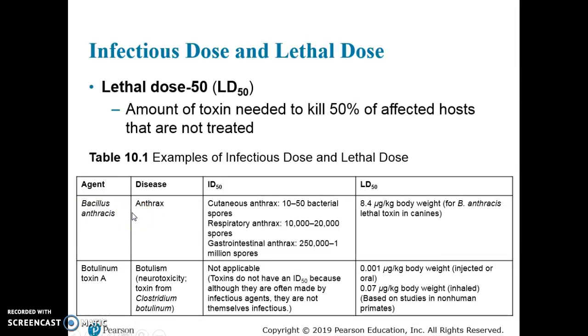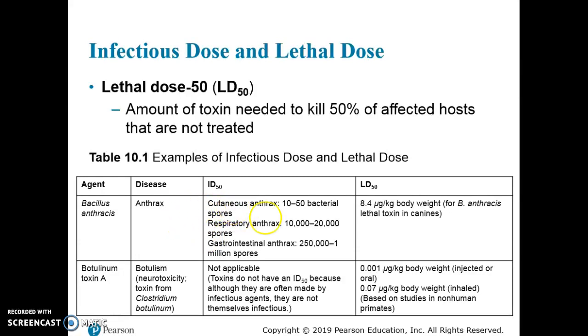And anthrax can actually be contracted 3 different ways. All right, you've got cutaneous anthrax, respiratory anthrax, and gastrointestinal anthrax. All right, with the spores here, that's not a correct word. All right, you're actually looking at endospores. Bacillus anthracis produces endospores.